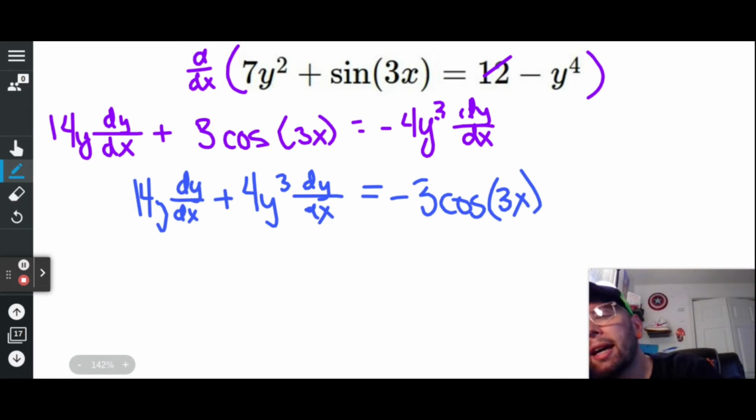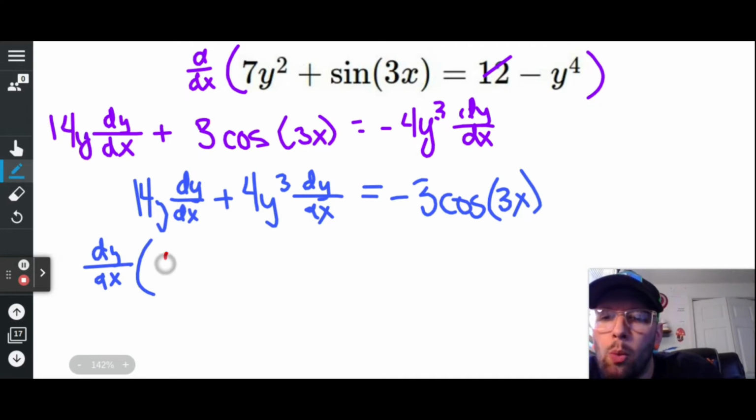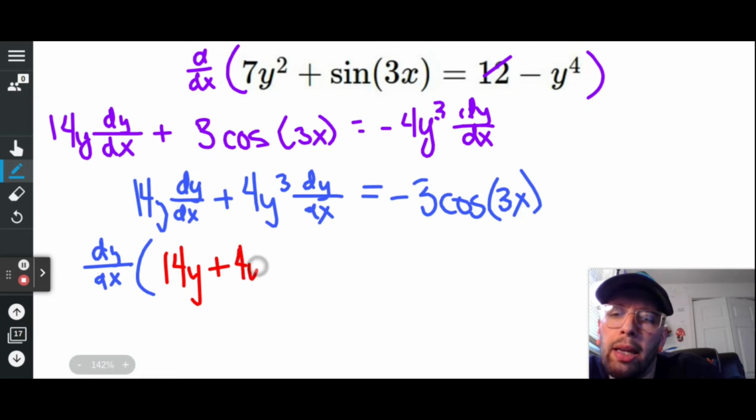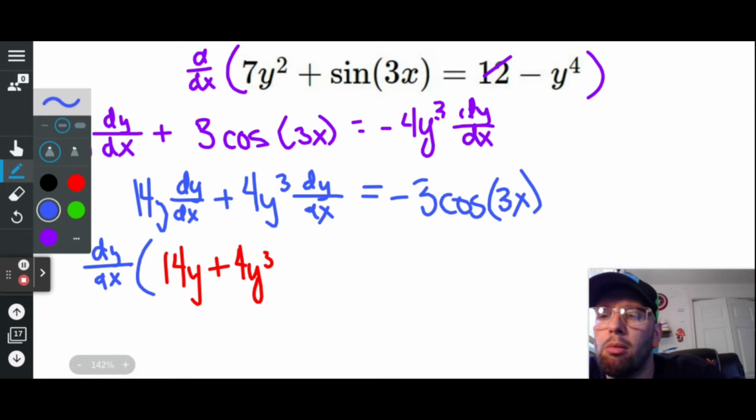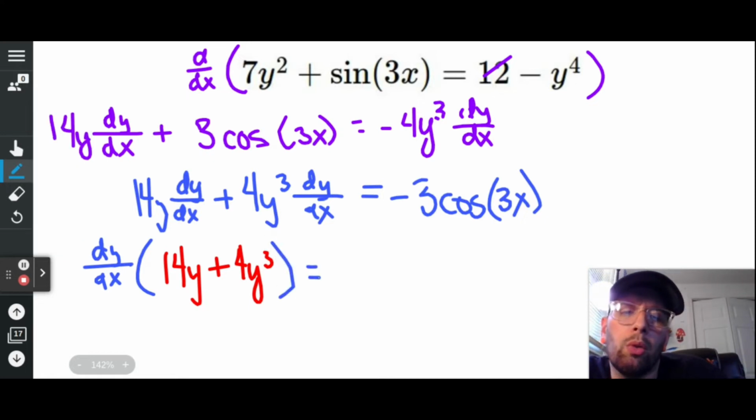Factor out the dy/dx. And that leaves me with 14y plus 4y cubed equals negative 3 cos 3x.